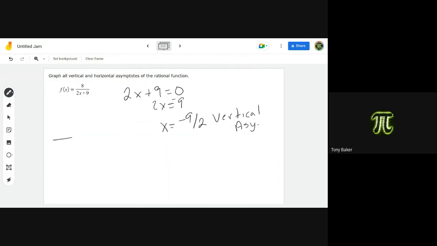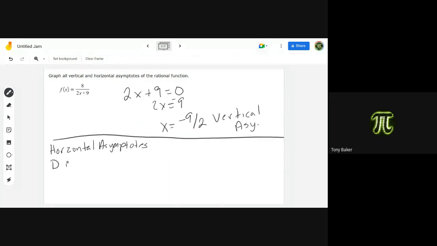Horizontal asymptotes, which we haven't really talked much about, is when we have to look at the degrees. So if the degree of the denominator, so actually we're just going to do it this way because I don't feel like writing this out. Say D is the degree of the denominator and N is the degree of the numerator.